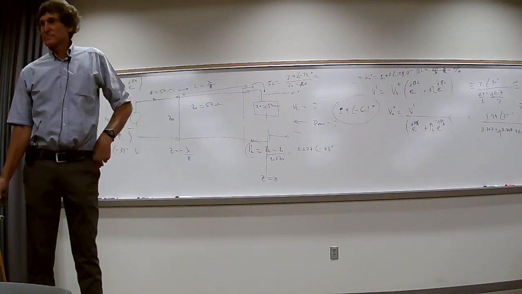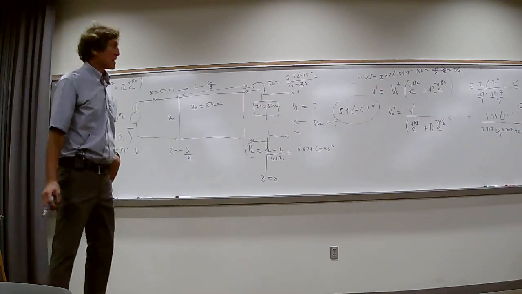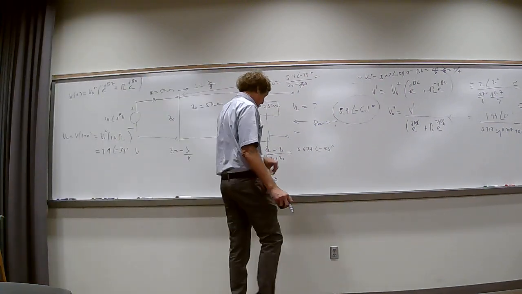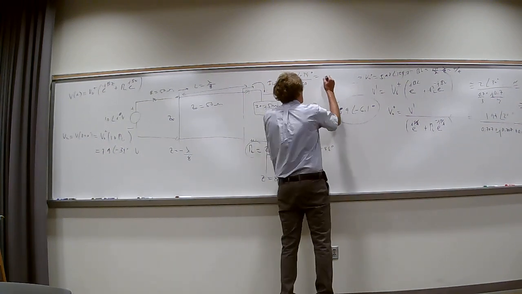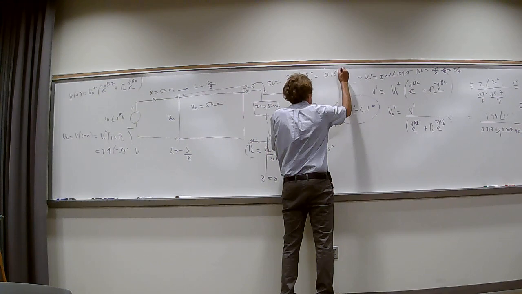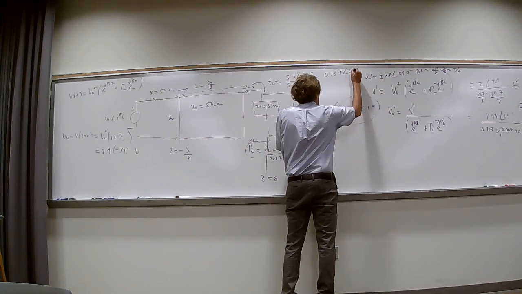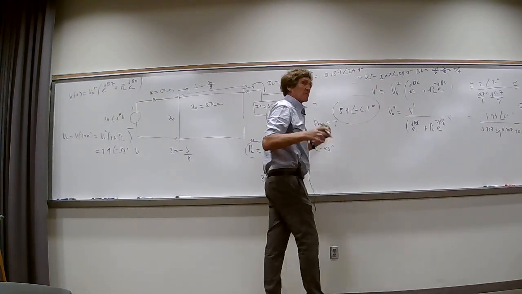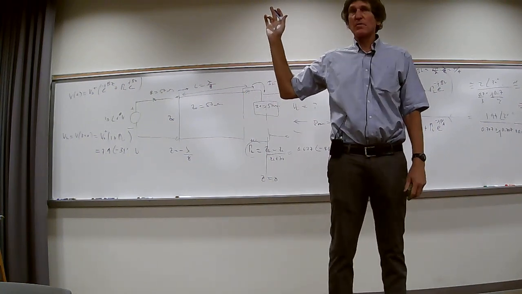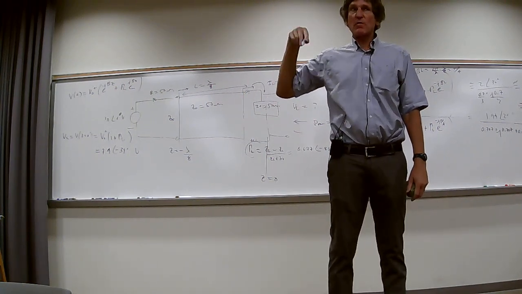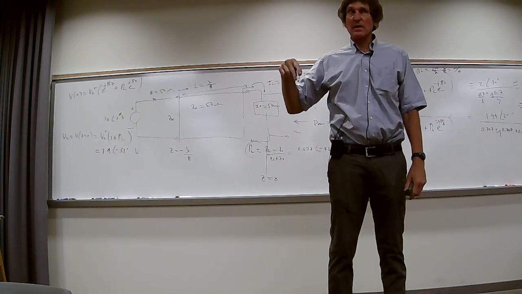You want it in rectangular or polar? Just polar. 0.137 at an angle of 29.4. Anybody confirm that? You got that in the back? Probably true. All right, we got voltage, we got current.